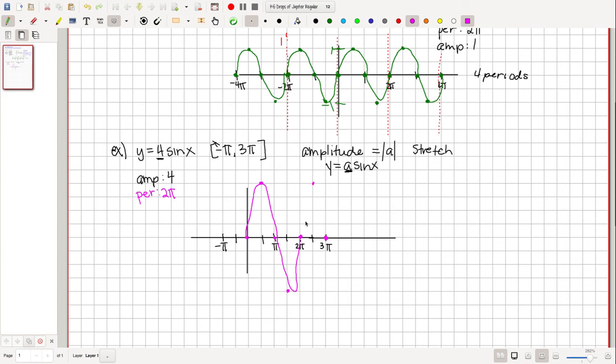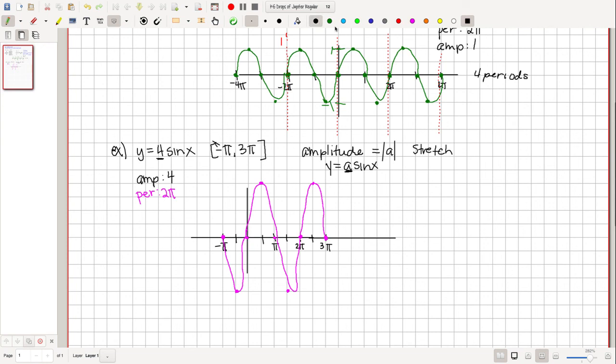So there's our maximum. That looks a little better. Okay, and then same thing here. I'm going to go 2 tick marks. There's an x-intercept. And now in between these, I want a minimum. Okay, so there's your graph, as hideous as it is.